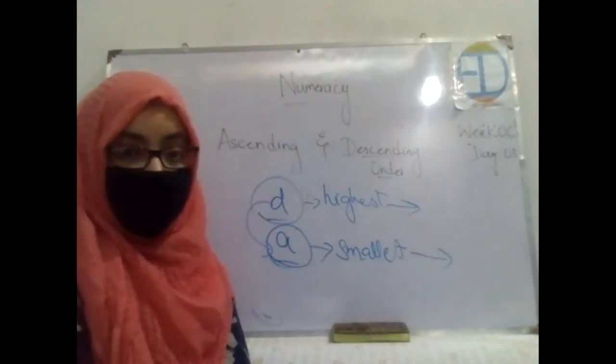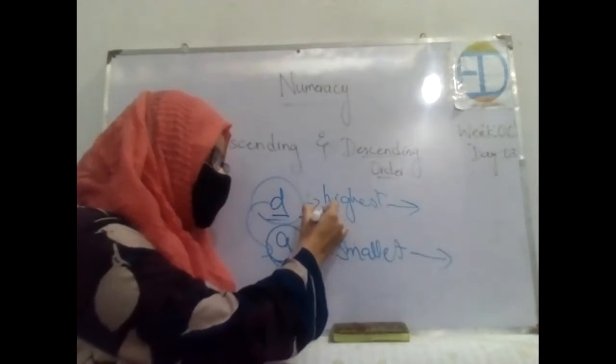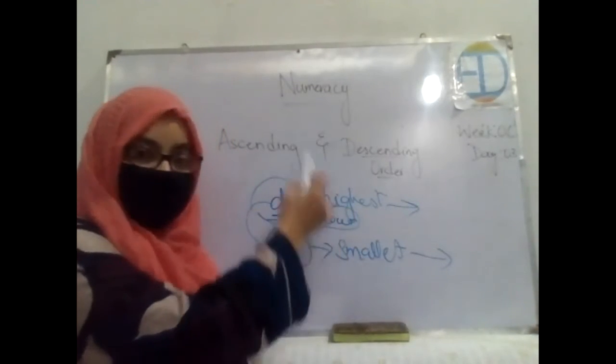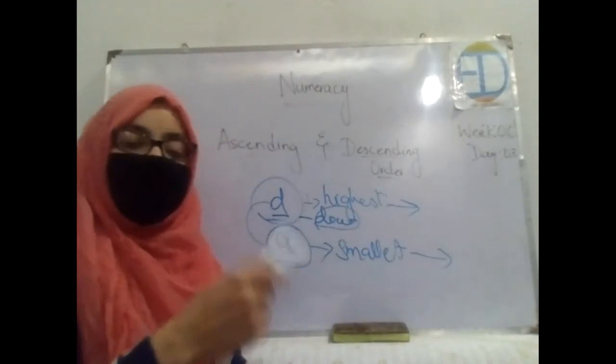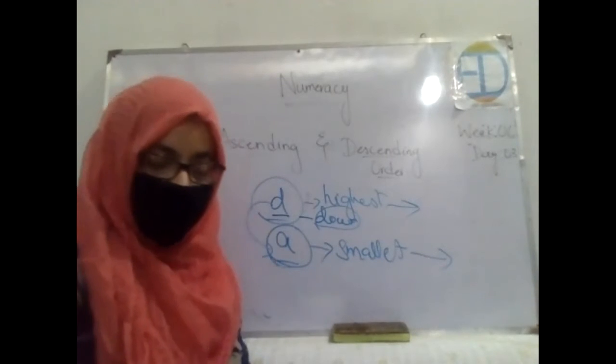This is also a tip that you can use: descend and down both start with D. So you will start from the highest number and then go down. And ascending means going up, so you will start from the smallest number and then go up.